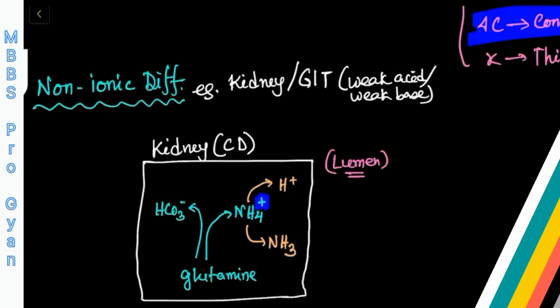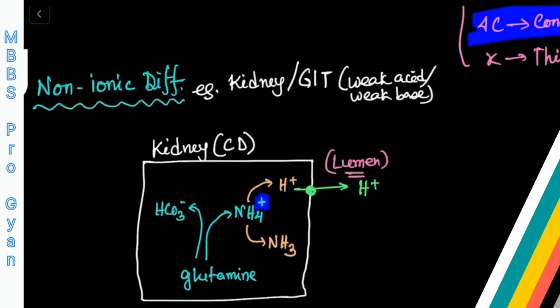Now this collecting duct cell contains a transporter for H plus ion secretion. There is a hydrogen ATPase pump, which will secrete the H plus ion into the lumen. This detailed version will be discussed in the renal system also, so don't worry.